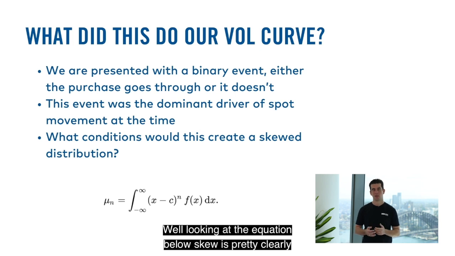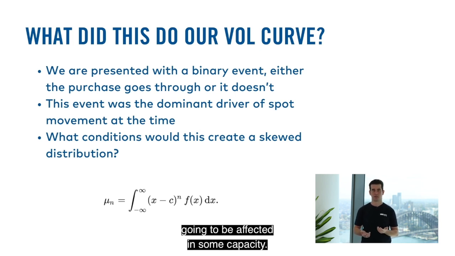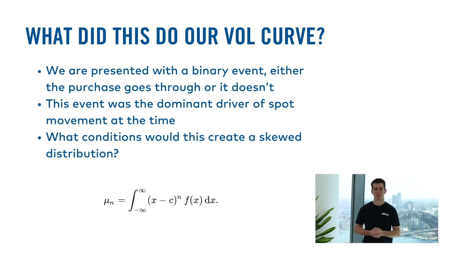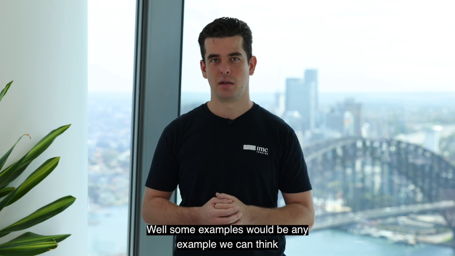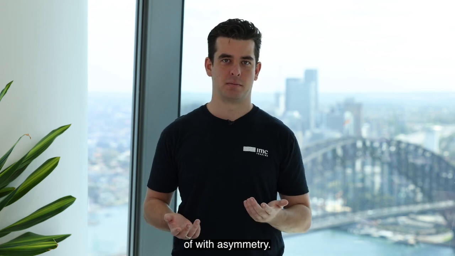So under what conditions are we going to see this impact our moments? Well, looking at the equation below, skew is pretty clearly going to be affected in some capacity, but where is that capacity the most dramatic? Some examples would be any example we can think of with asymmetry.